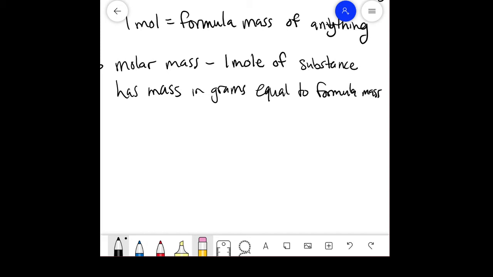So if you had a problem that asked you to find the molar mass, it's basically asking you to find the formula mass, except instead of putting U's or AMU's on the end, you put G for grams.